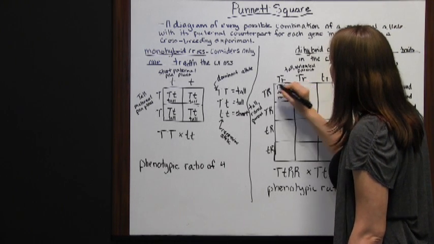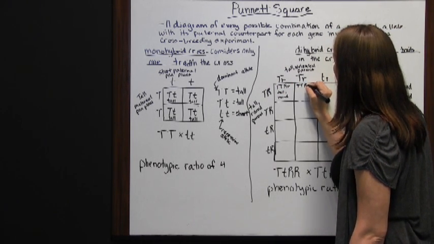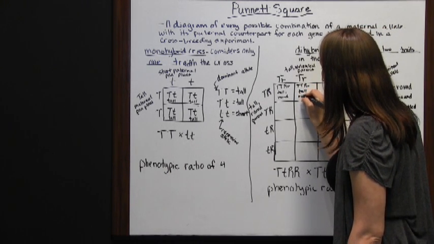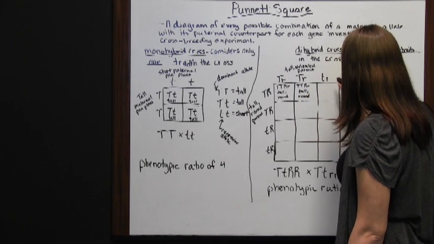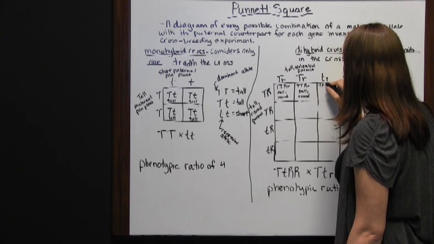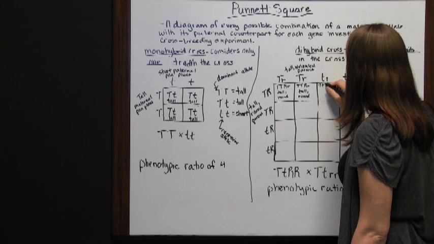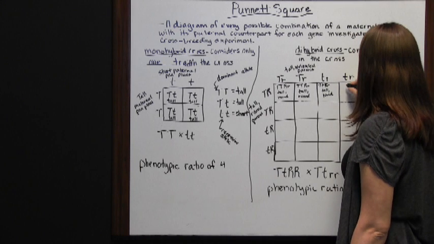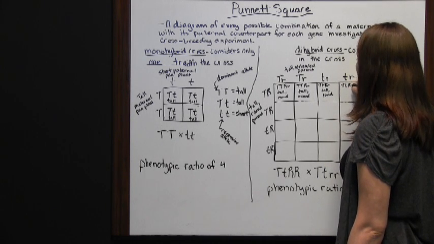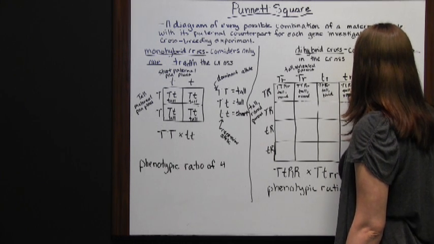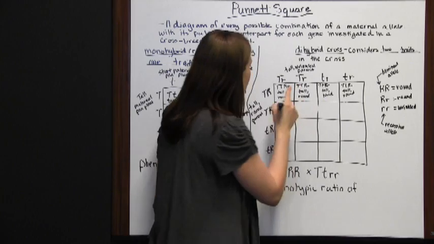Moving across, we have 2 big T's, a big R, and a little r. So again, we're going to get tall and round. Next, we've got big T, little t, big R, little r. So again, it still includes 2 dominant, so we're going to have tall and round. Big T, big R, little r. We still have a dominant T and a dominant R, so it's going to be tall and round.